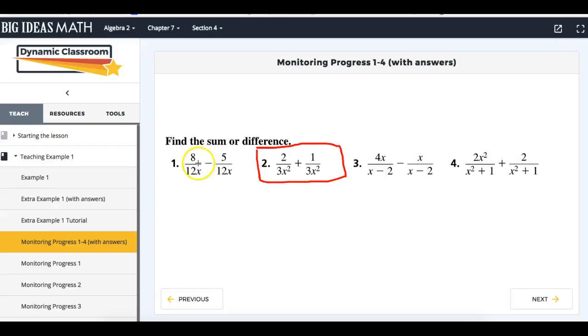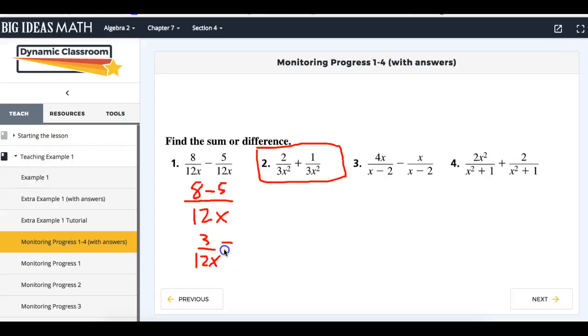So in order to do 8 over 12x minus 5 over 12x, you have a like denominator, so you're going to write your denominator at the bottom, and you're going to write your numerator here, 8 minus 5. Now this one's very simple. You're going to combine this. 8 minus 5 is 3, and that's going to be over your denominator, 12x.